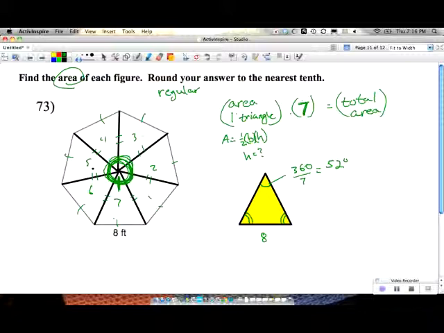Well, if this is 52 up in the top, these 3 angles are going to add up to 180. So if I label this ABC, just to help see what we're doing, angle C is 52 degrees. And I know that angle A plus angle B plus angle C totals 180 because that's the inside of a triangle.